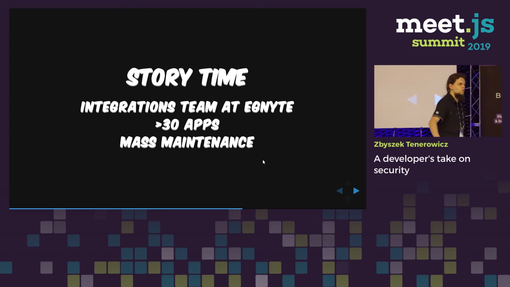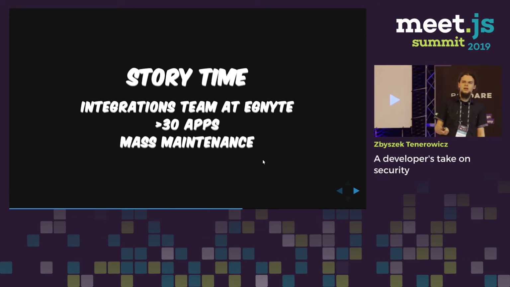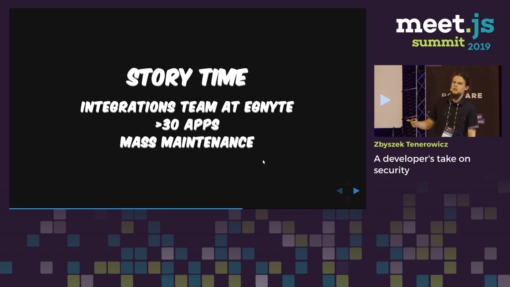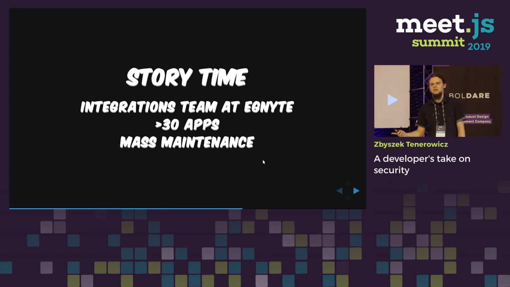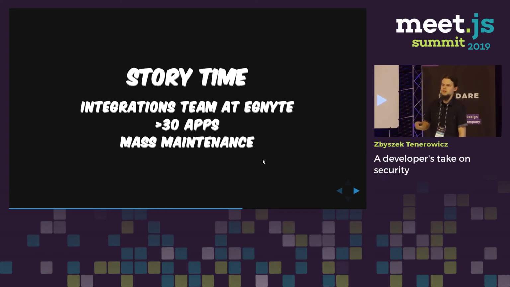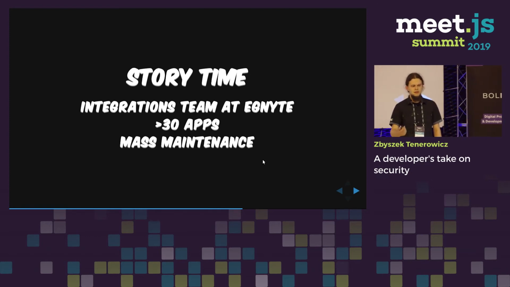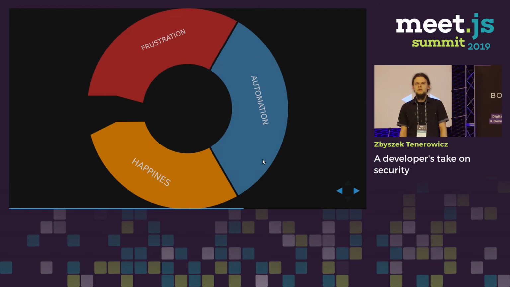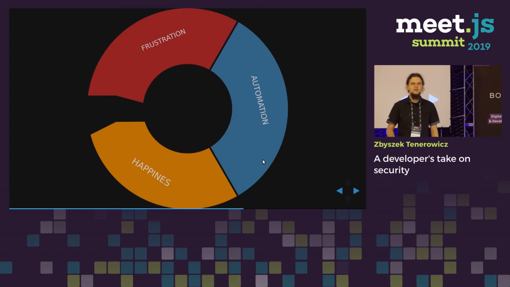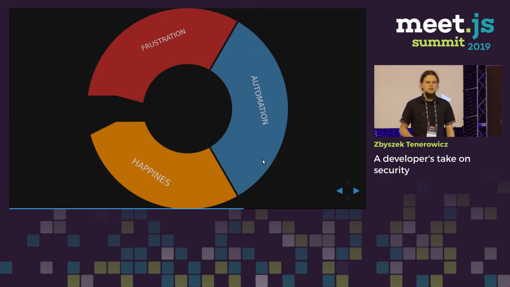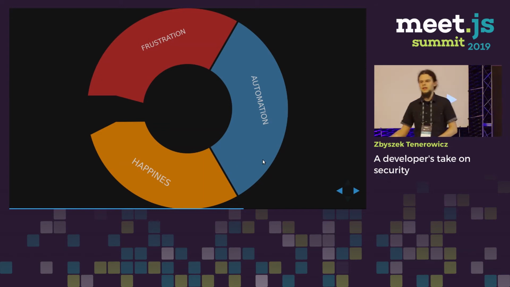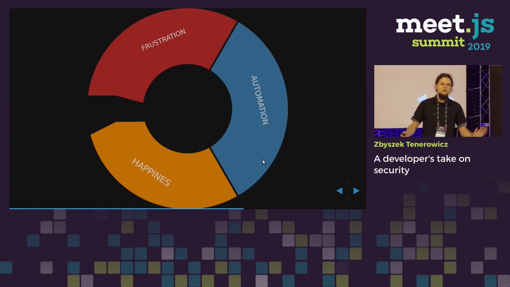So we also started running the audit check. Actually, we started running it before npm audit existed, because before it was Node Security Project. And that worked for us. And then it turned out to be very frustrating. So the cycle of what I do at work is I get frustrated, I find a way to automate it away. I spend a bit of time happy, and then I find another frustration to work on.